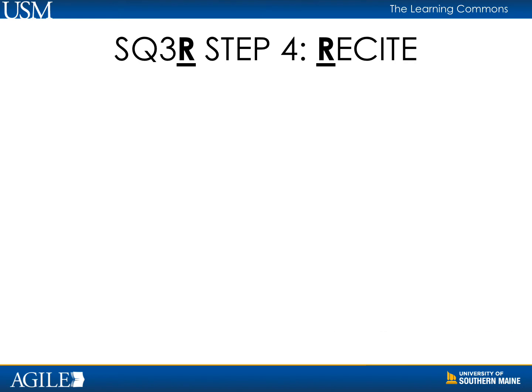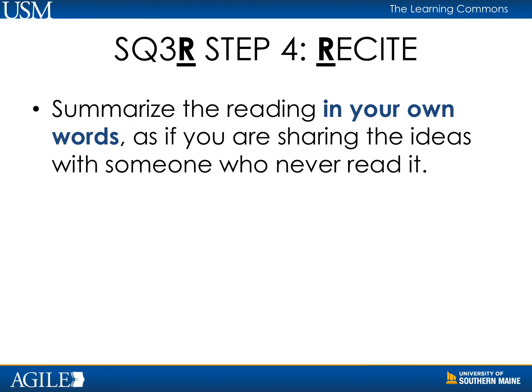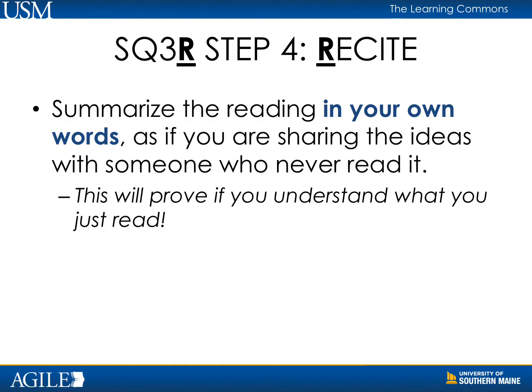The second R is to recite. After reading a few paragraphs or one section as described in the reading step, stop reading and take time to recite. This means to summarize the section in your own words, as if you are sharing the main ideas with someone who never read it. By summarizing, you can gain control of the text and prove to yourself that you understand what you just read.